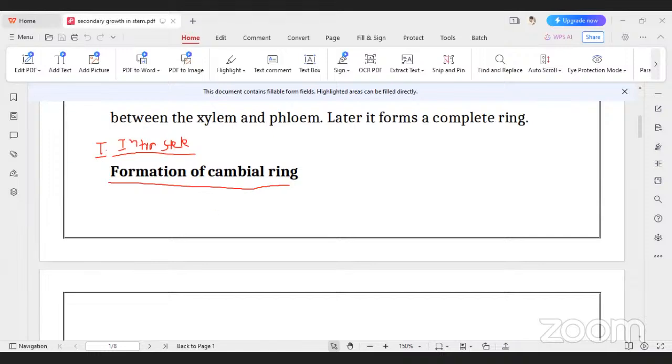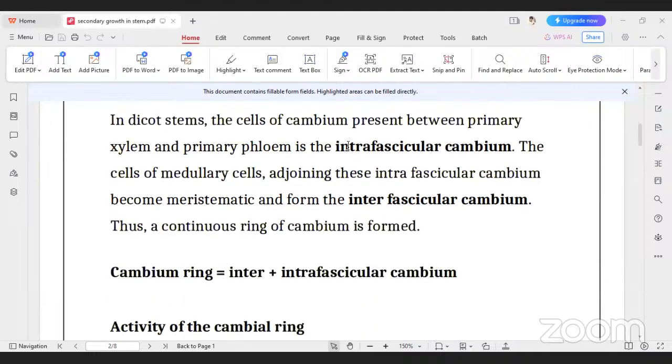Let's see how the cambium ring is formed. Listen carefully. In dicot stem, the cells of cambium present between the primary xylem and primary phloem, that is called intra.